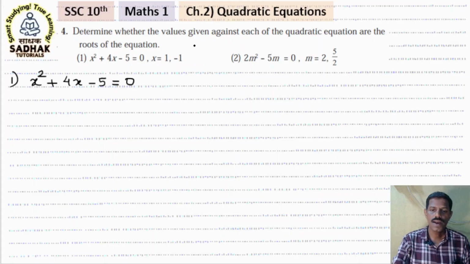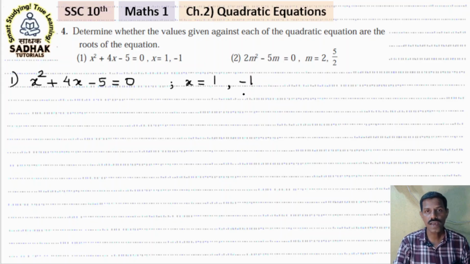And the values of x that we have to check if they are the roots or no. So one value of x is given as 1 and the other value of x is given as minus 1. So we have to check both of these values and see if the left hand side is equal to the right hand side. If it is, then we will say that yes, that value of x is the root of the equation. Chalo, then let us solve.